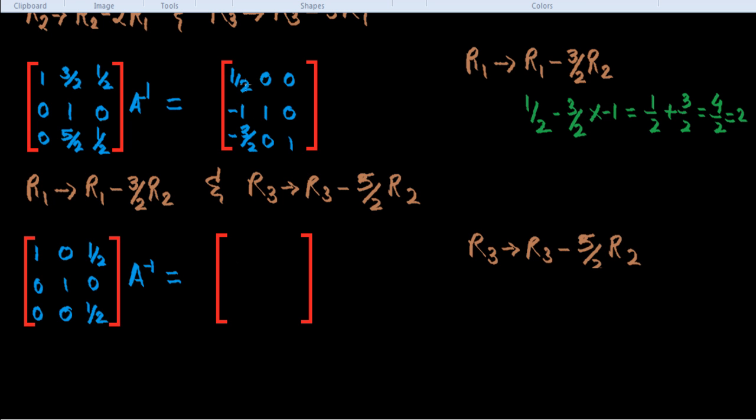Now look at this, R1 is 0, we have minus 3 by 2, R2 is 1, so we get minus 3 by 2 here. Here you see, it is again 0 minus 3 by 2 and R2 is 0, so we get here 0.